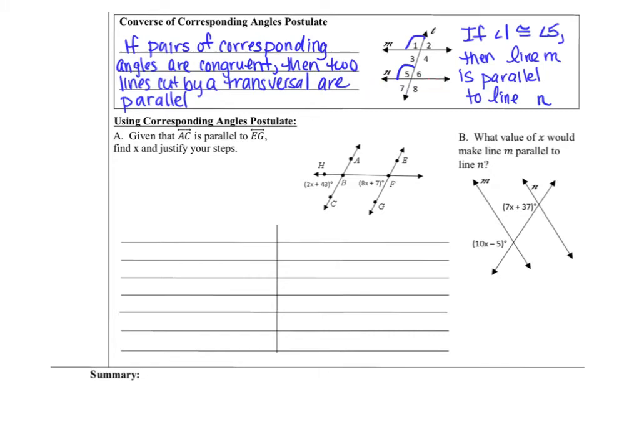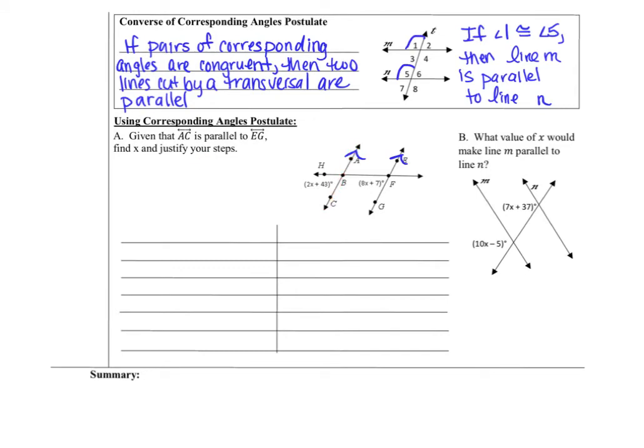So let's look at an example in which we would use the corresponding angles postulate. We're given that line AC, which is this one, is parallel to EG. So if these lines are parallel, we should mark them with the arrows, just so we know that these lines are parallel. And we're going to find X and justify our steps.